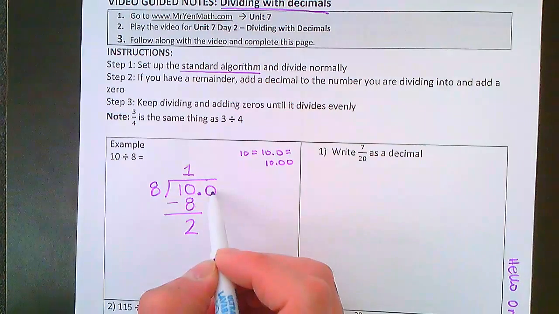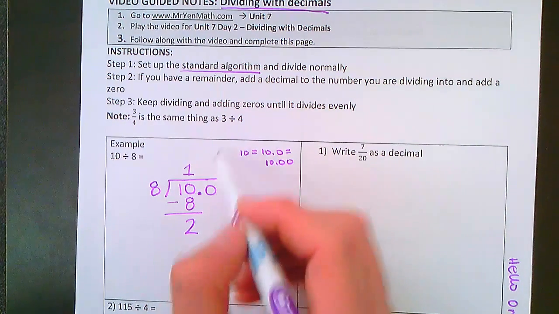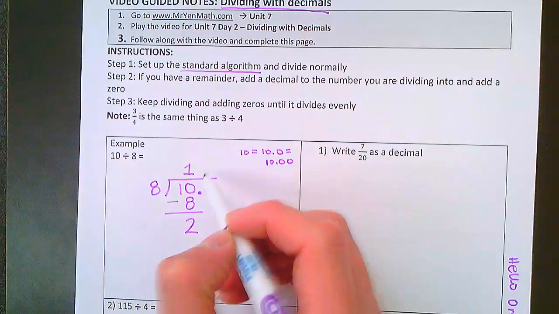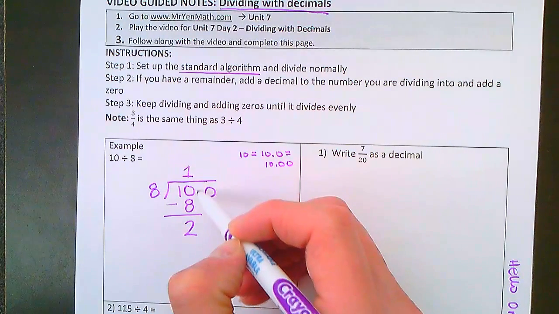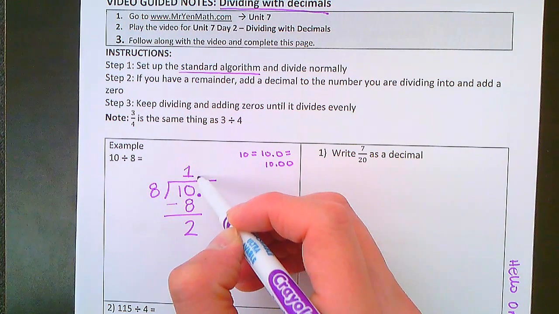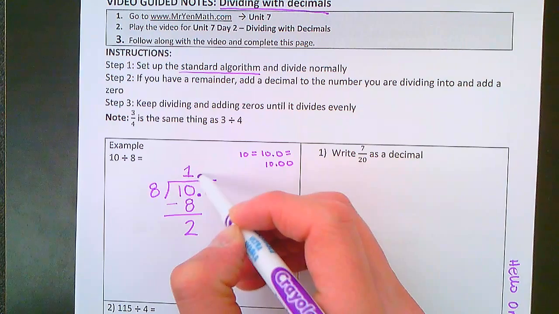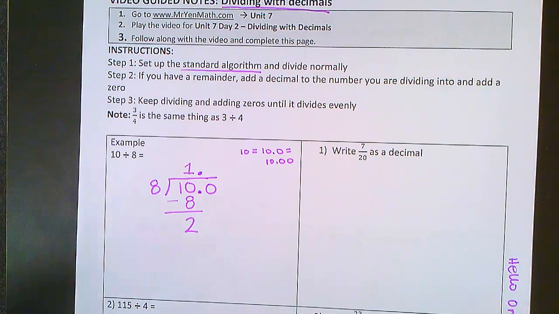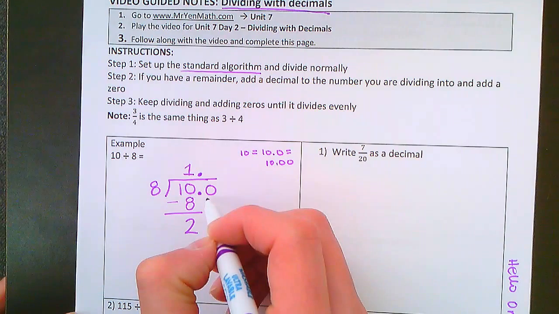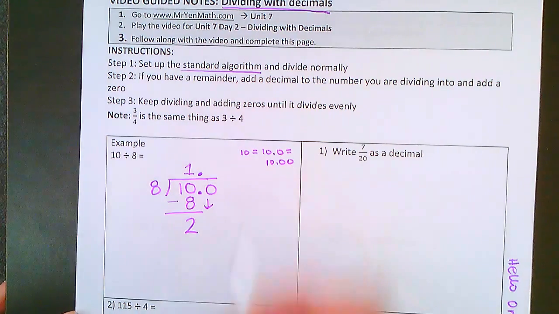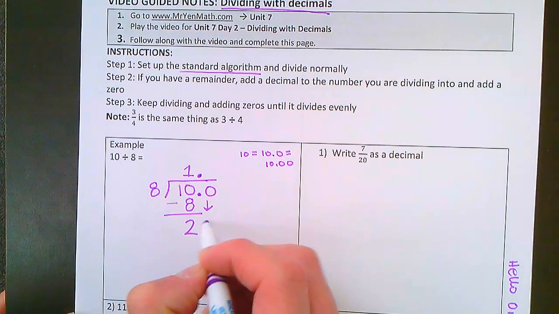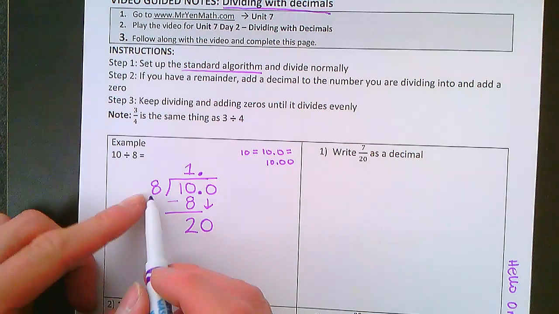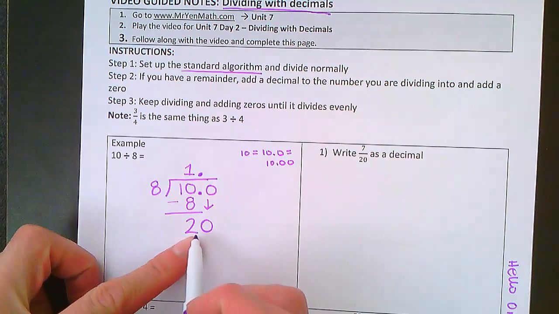So we've added this extra 0 after the decimal, and I have to pay very close attention to where the decimal is, because I'm going to bring the decimal also upstairs, right here, and put my decimal there also in my answer. All right, so then I can bring down the 0 that I added, and now I have 20, and I think to myself, can 8 go into 20?